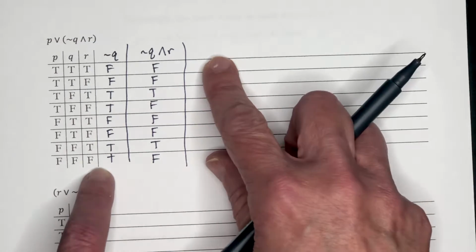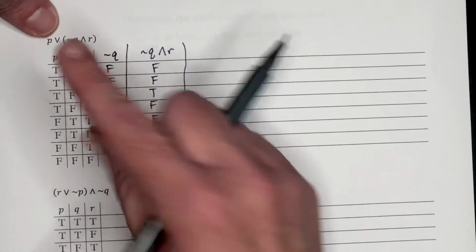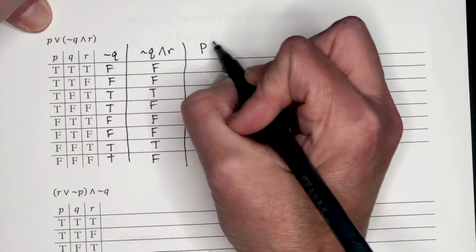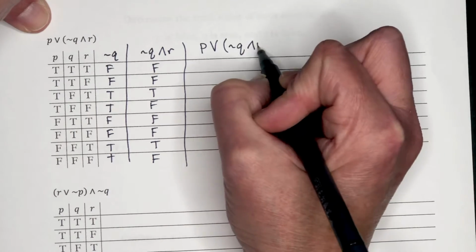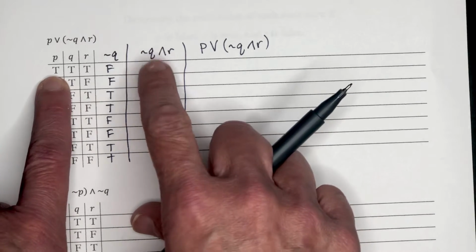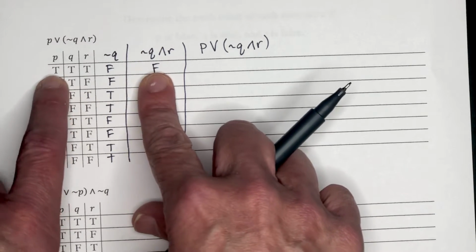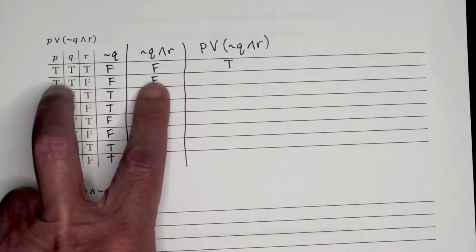Okay, so now we know this set of parentheses, and now all we have to do is P or, not Q and R. So we're going to take this first column and OR it with this column. So I have true or false, which is true.